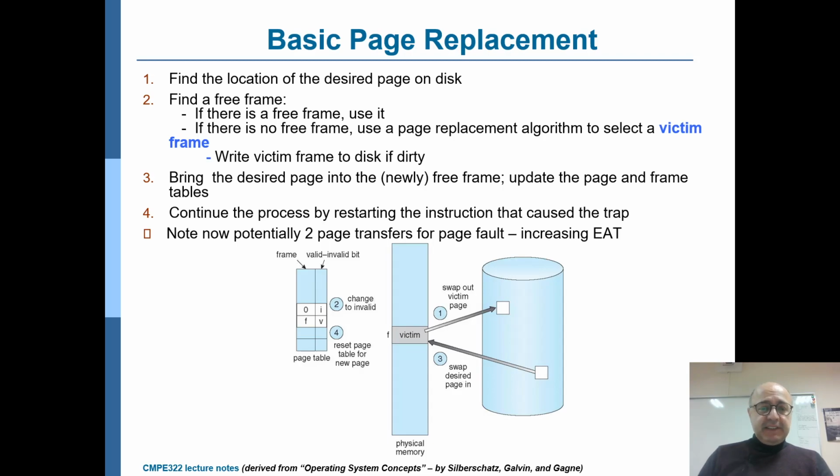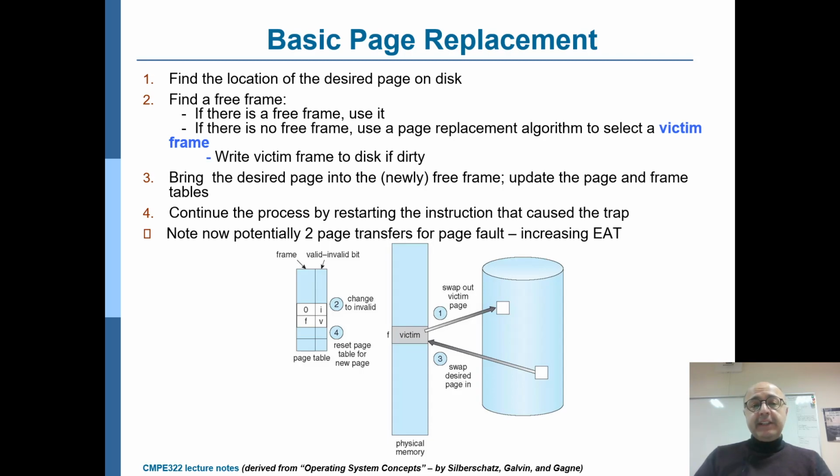So this is basically how the basic page replacement algorithm is working. What's given in this slide is almost what we have already discussed. When you try to access a memory location for which the page is not in memory, you first try to find a free frame into which you can copy the page in the backing store.